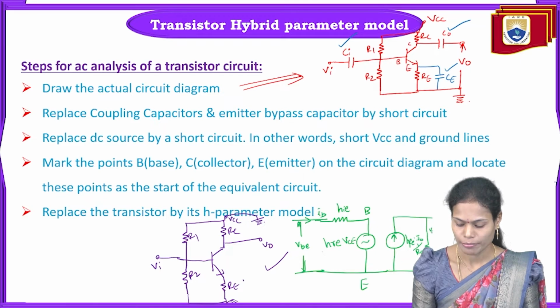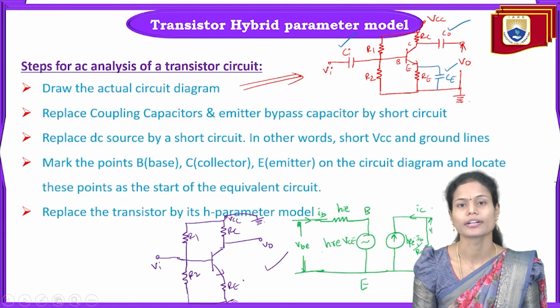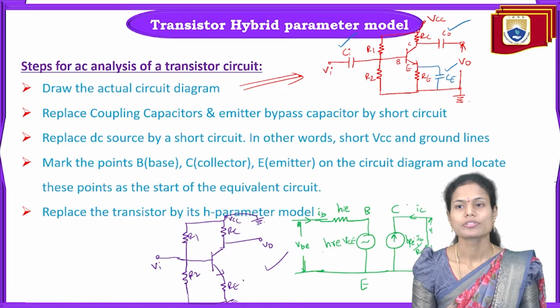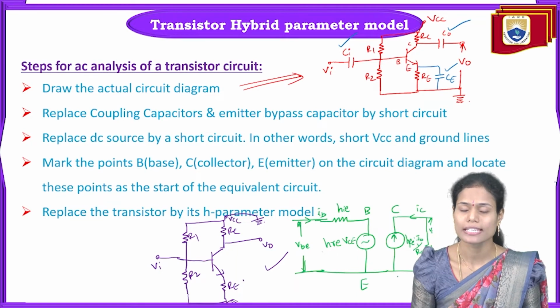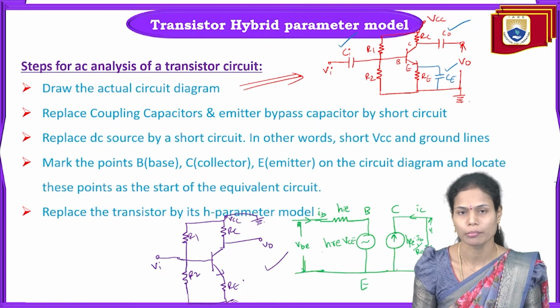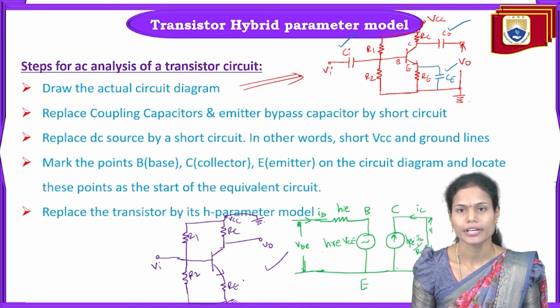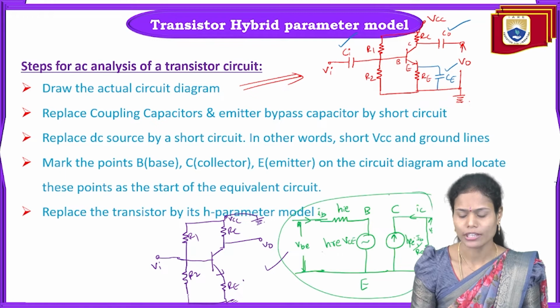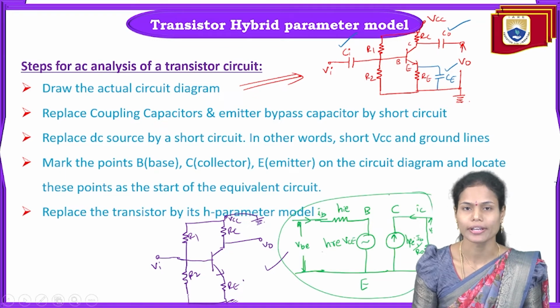Here we will measure the output voltage VCE, and the collector current IC is the output current. So this is the collector terminal. This is the AC equivalent circuit of the common emitter amplifier. We can also call it the hybrid equivalent model or H parameter model.